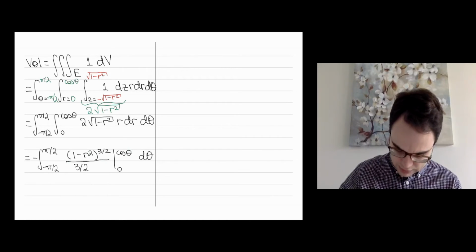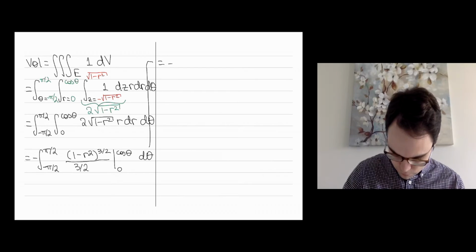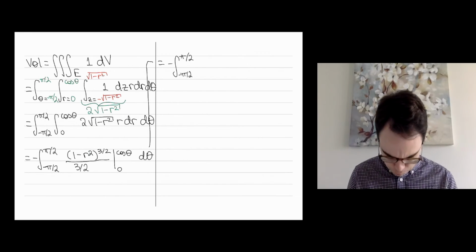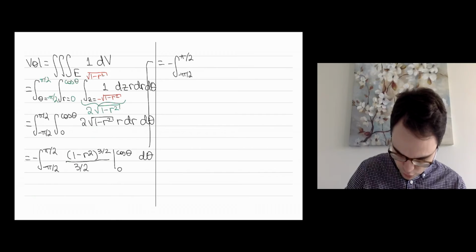Well, now let's evaluate the integral. Let's continue with our evaluation. We're integrating from minus pi over 2 to pi over 2. So 1 minus cosine squared theta to the 3/2.